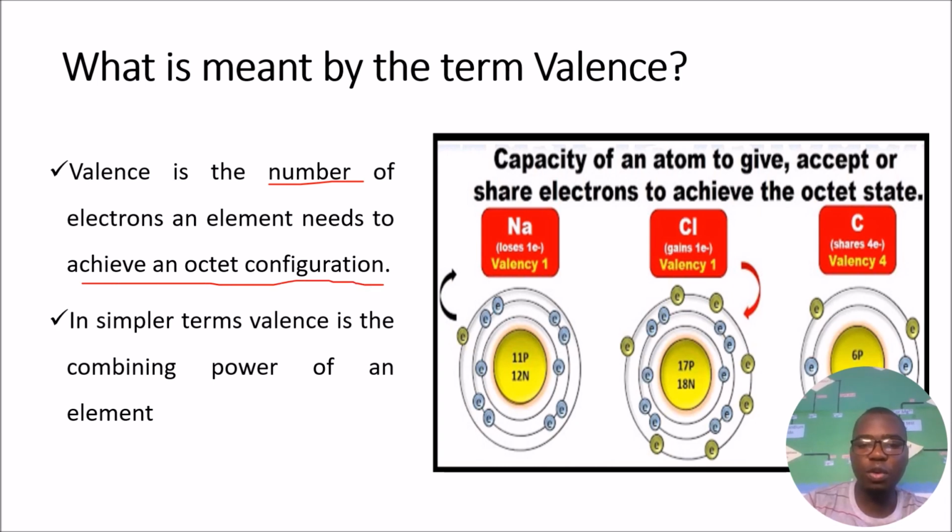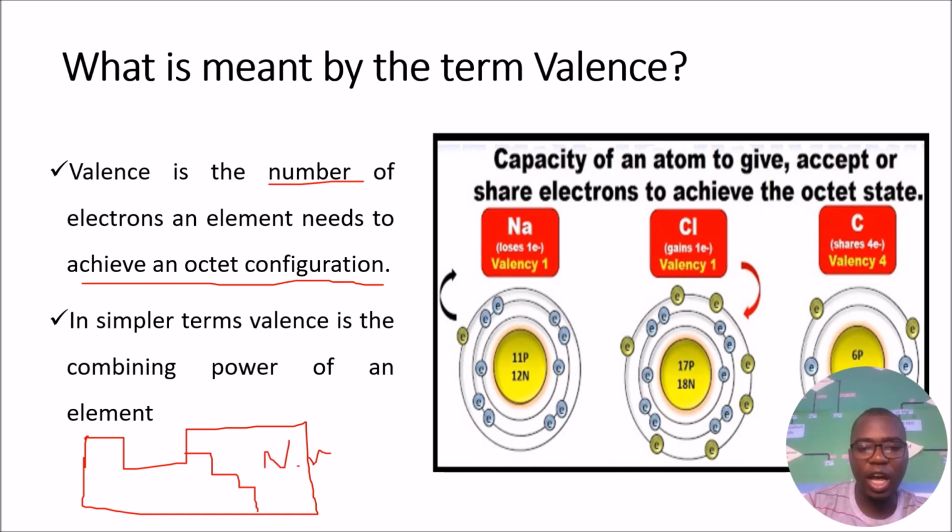Now, if you do remember, on the periodic table we've got metals and non-metals. If you can visualize the general structure of the periodic table, we have a zigzag line that differentiates the non-metals and the metals on the other side here. You do realize that the metals have fewer electrons in their outermost shell.